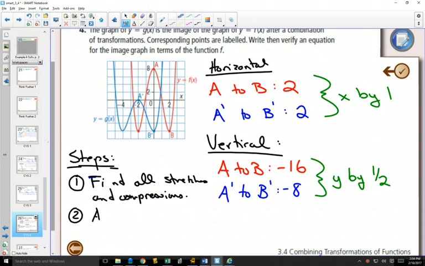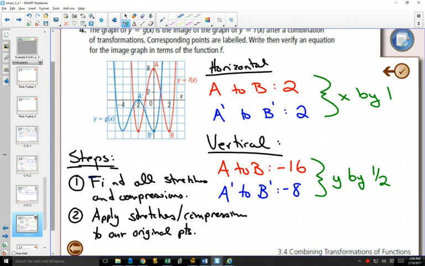Step 2, we are going to apply these stretches and compressions to our original points. What that means is we're going to take our original point A and our original point B, and multiply x by 1, so that's going to do nothing, but we're also going to multiply our y values by 1/2. And we're going to label those new points.